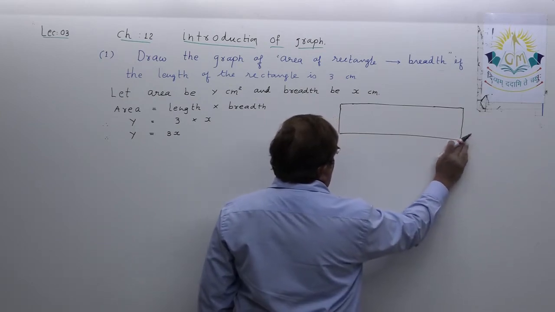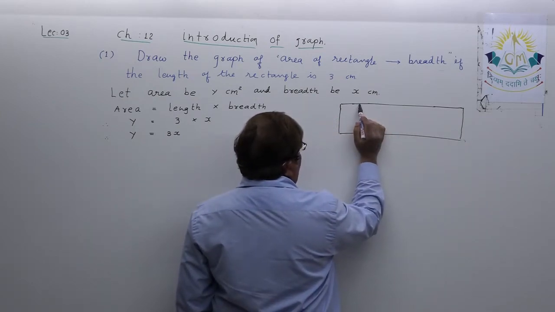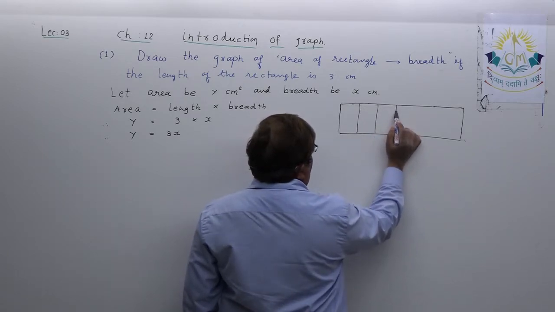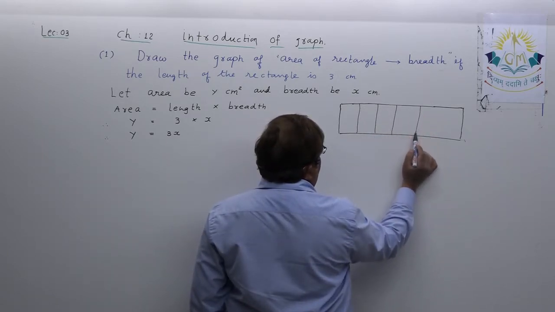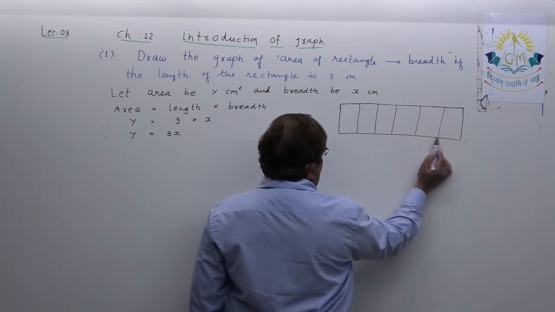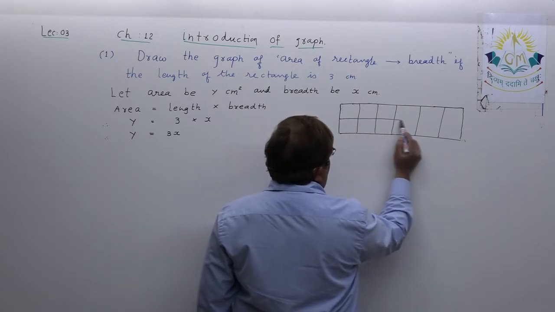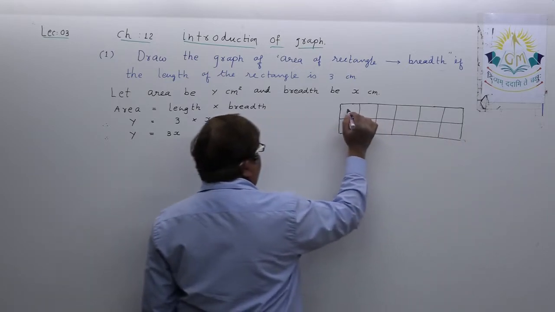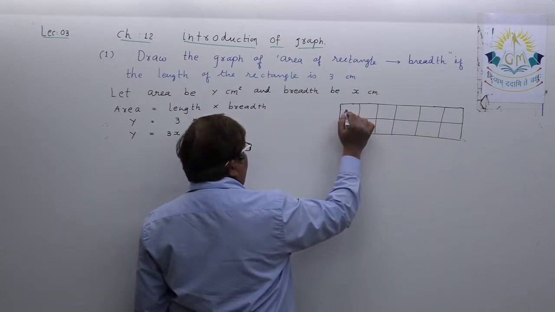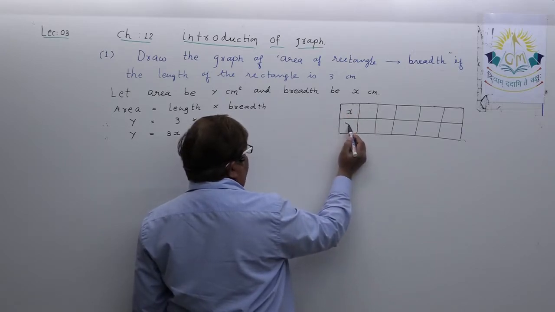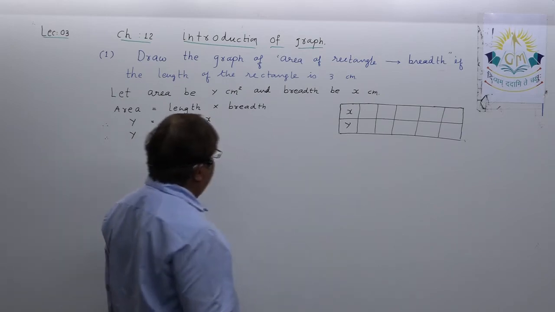At least 5 values need to be there, okay? Minimum 5 values need to be represented. I may call this x. x means the breadth and this is y.